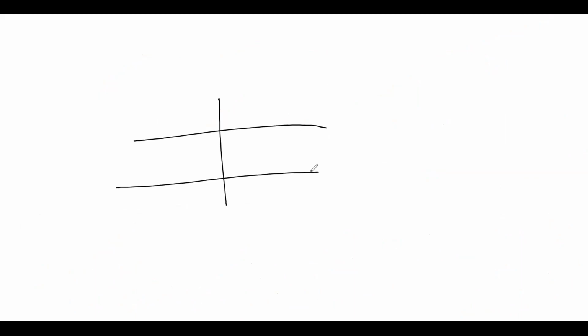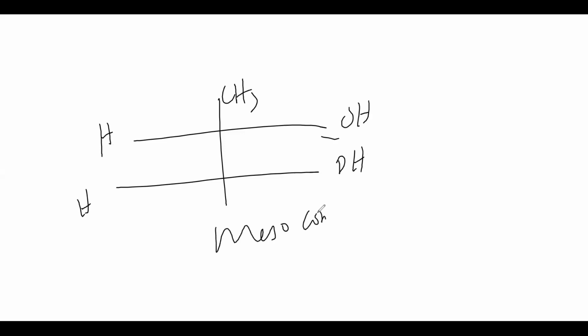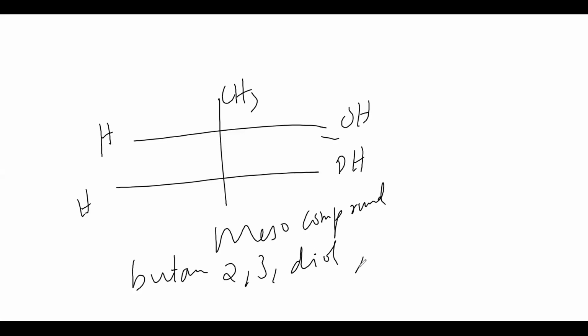The meso one: CH3, H, H, OH, OH. This is our meso compound, which is optically inactive. This is butane 2,3-diol, a meso compound, optically inactive, guys.